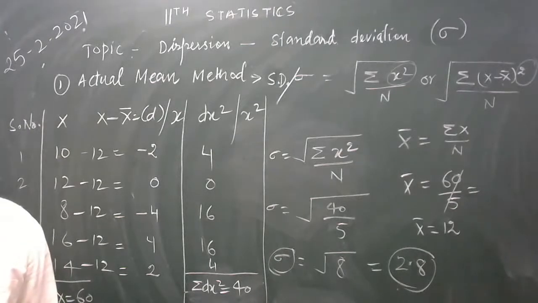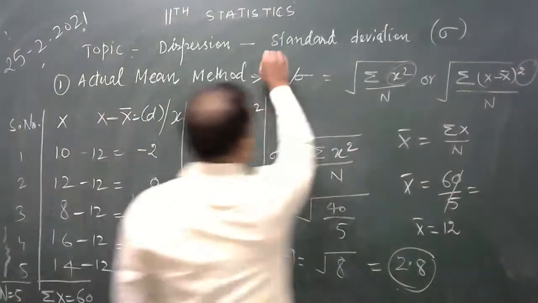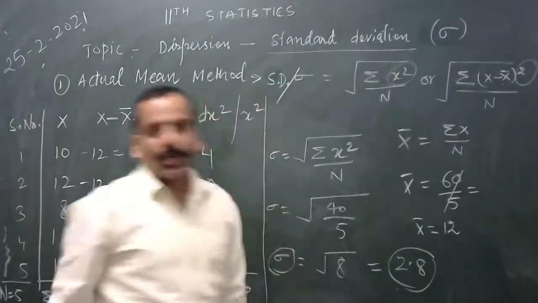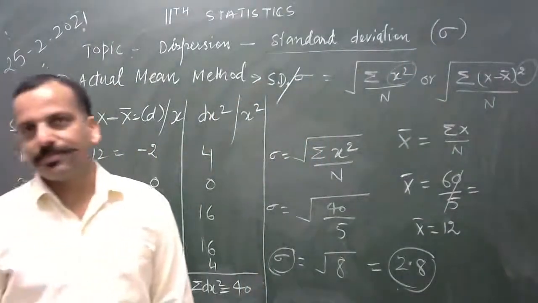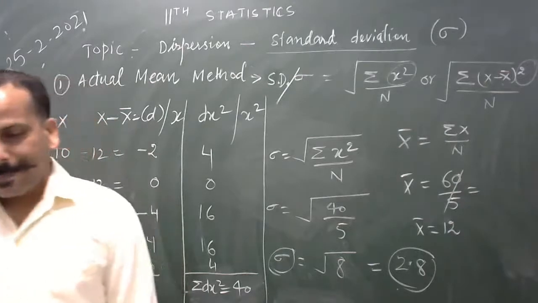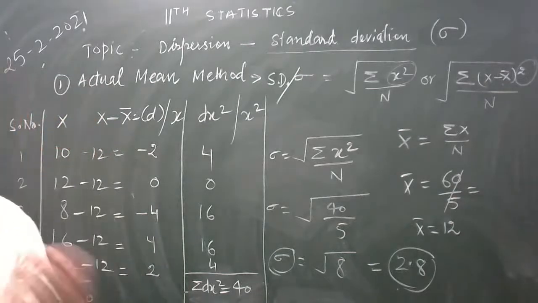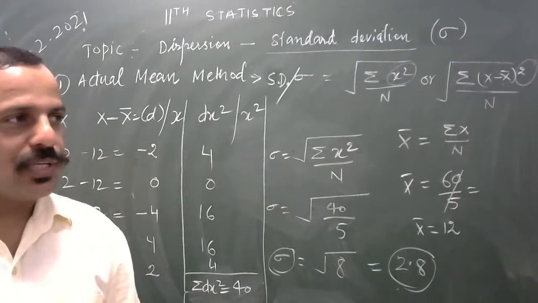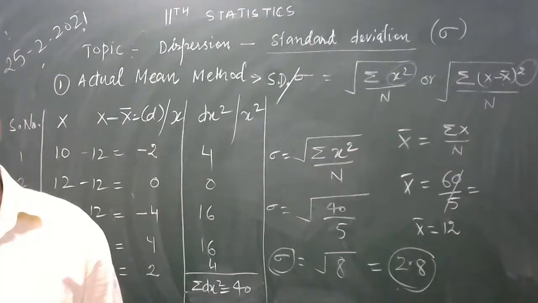Now I am going to read the definition of standard deviation. Meaning and definition of standard deviation. It will be very easy to understand the definition once you have gone through the question.